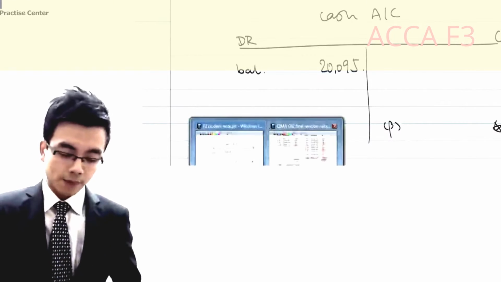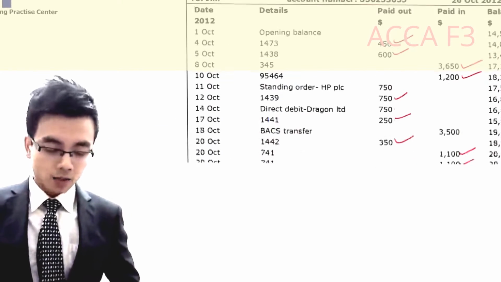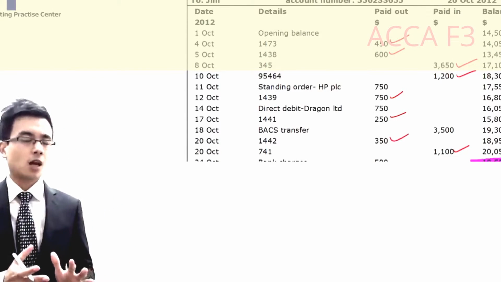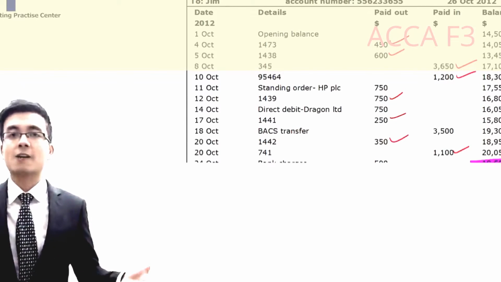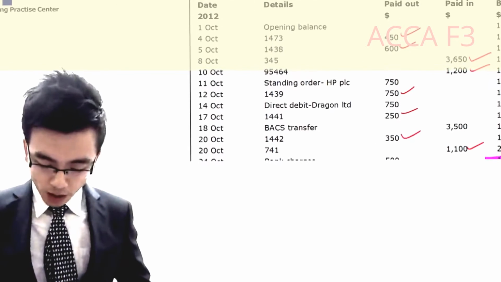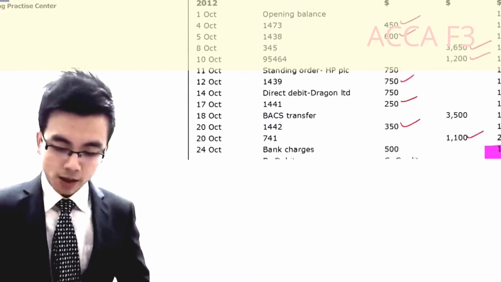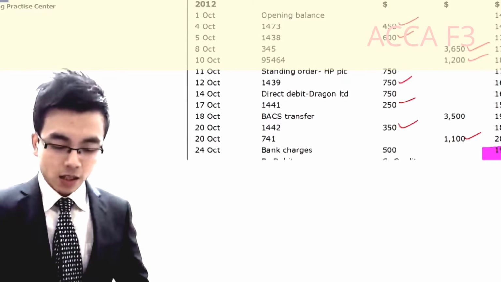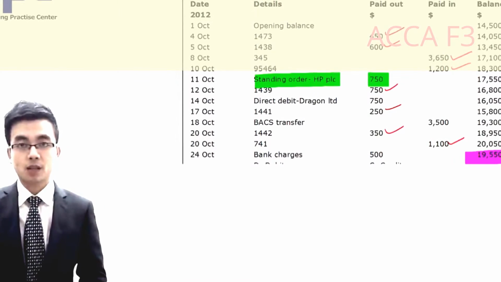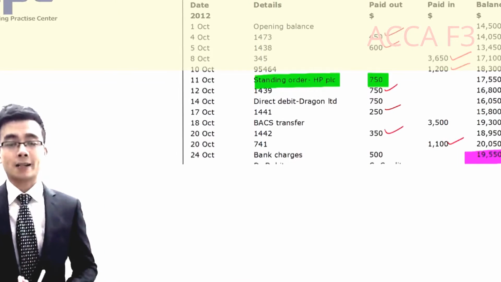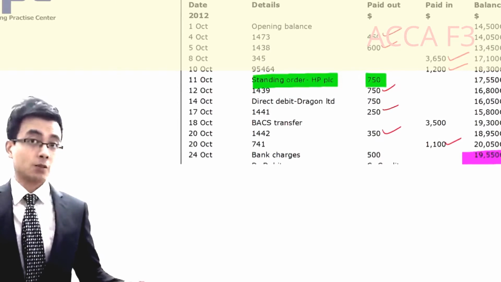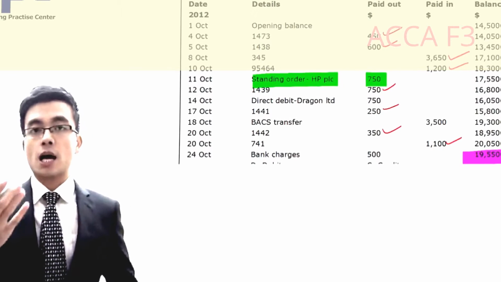So what you need to do then is stay with our bank statement. You've adjusted all of those timing differences for the first side, but what about the errors? What about the unrecorded differences? So those are the things you're going to do right now. Within this bank statement, firstly, the figures unticked will be related to the standing order from HP PLC, which is paying out from our bank, which means the company should credit 750, but the company hasn't done that in its original cash book.